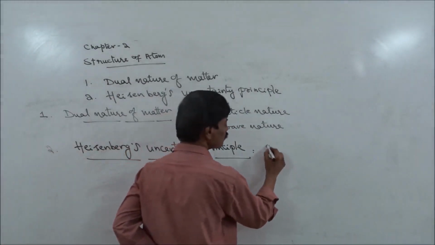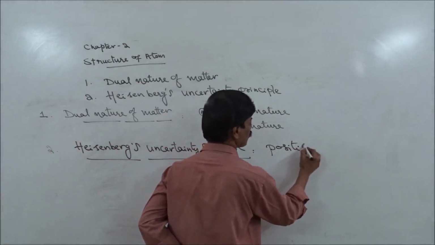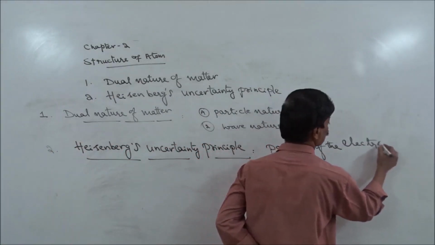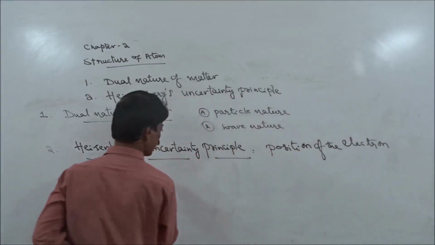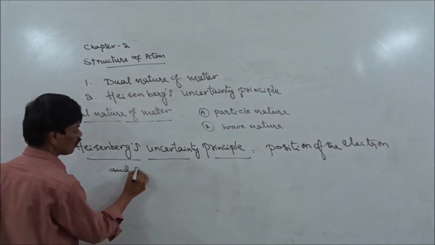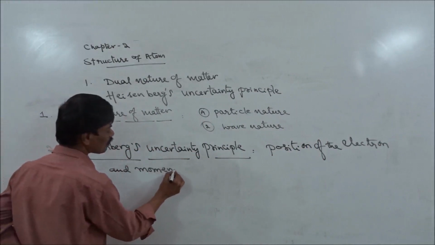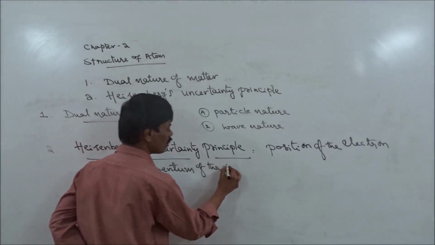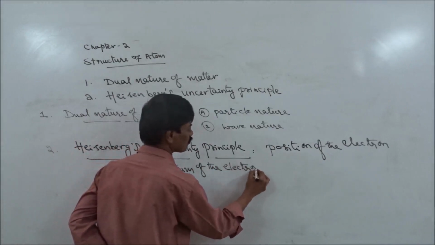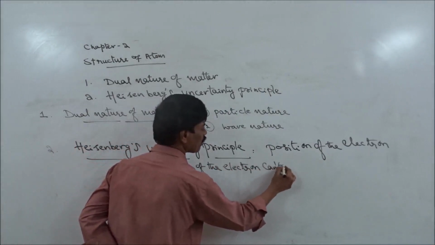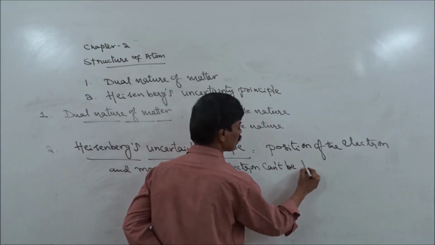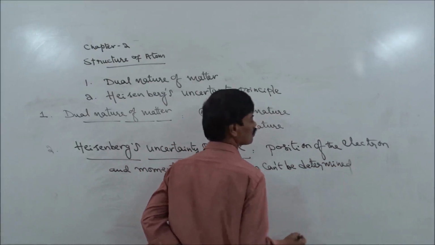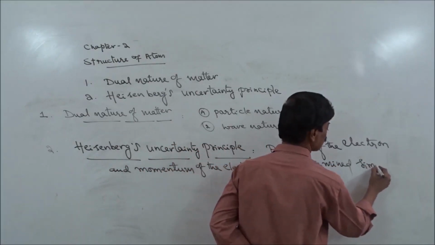So the position of the electron and the momentum of the electron cannot be determined simultaneously.